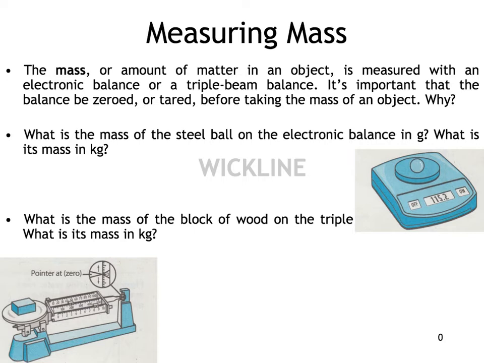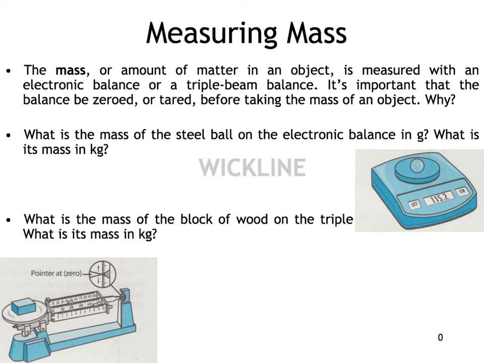T-A-R-E. The reason why you do that is because let's say that you have this steel ball right here and you want to measure its mass, but you put, let's say, a paper cup underneath it just to keep it clean for some reason. What you could do is lay the paper cup down here, and you don't want to take the mass of the paper cup, just the steel ball.